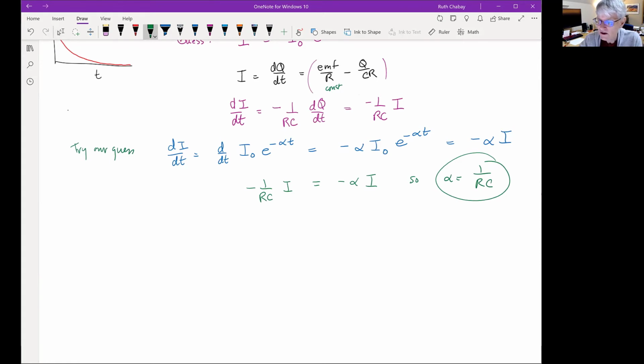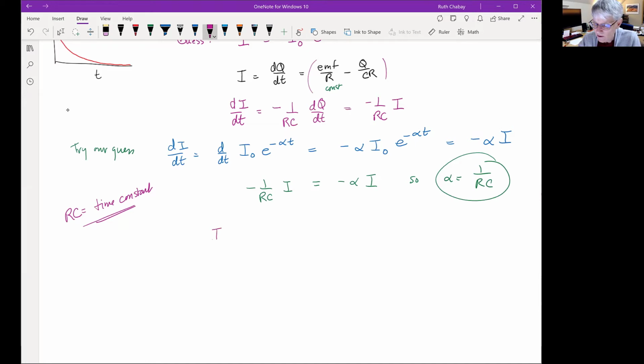Now this thing RC is called the time constant of a circuit.